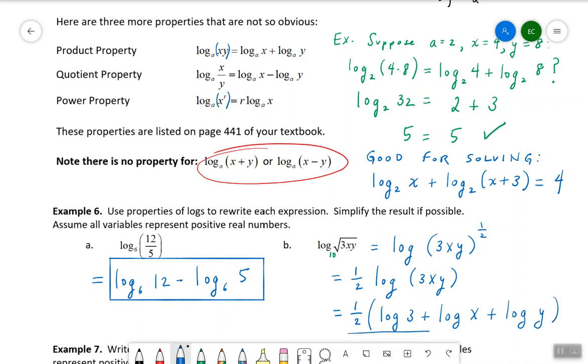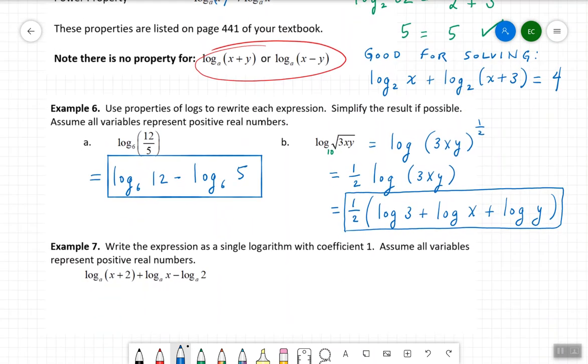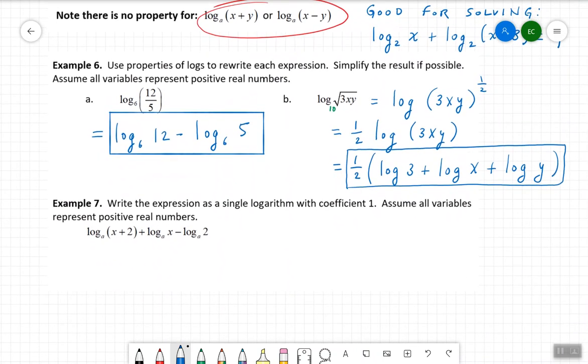And that's our answer. Does that look okay? You could go ahead and distribute the 1/2 to each term inside the parentheses, but that's not necessary. It's okay, but not necessary.